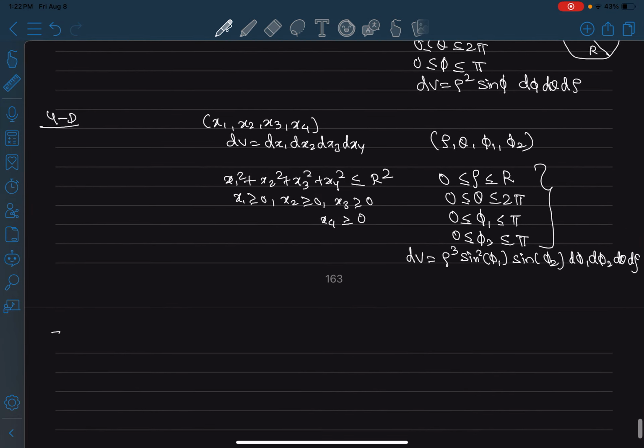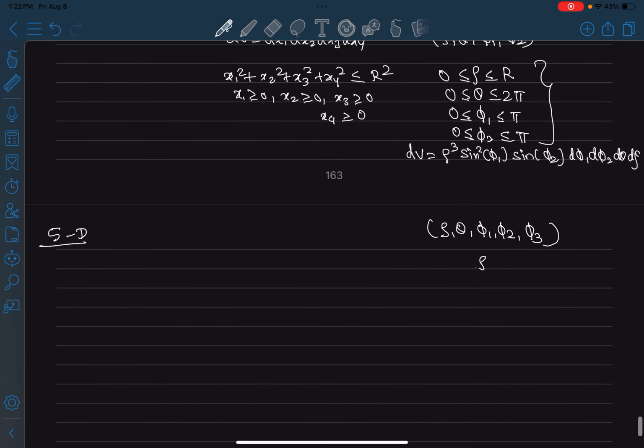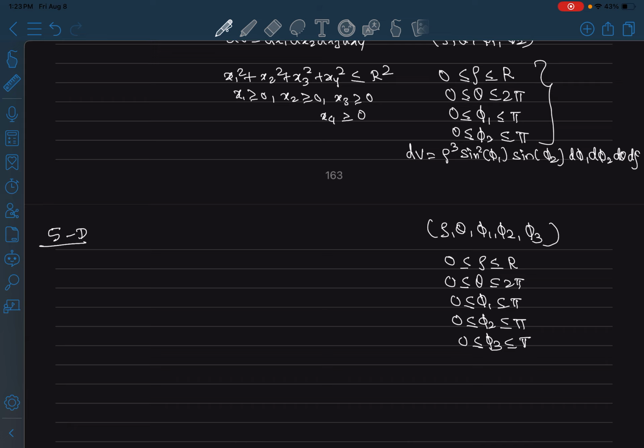Now similarly in 5 dimensions, there will be five coordinates, right? Rho will go from 0 to R, theta will be going from 0 to 2 pi, phi 1 will be going from 0 to pi, and phi 2 as well. I know it's not really visualizable, but mathematically you can verify that this gives a certain 4 dimensional ball with certain properties.